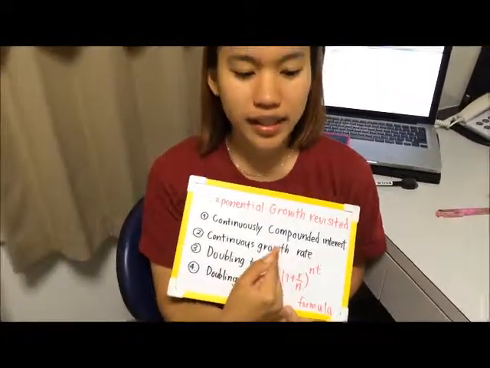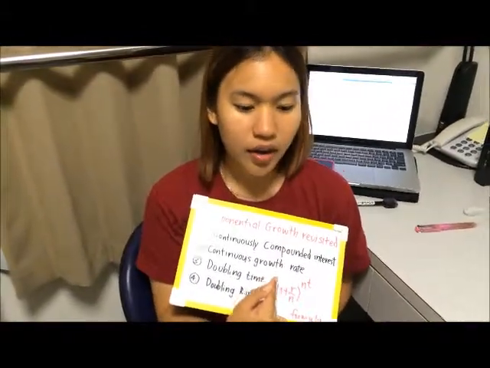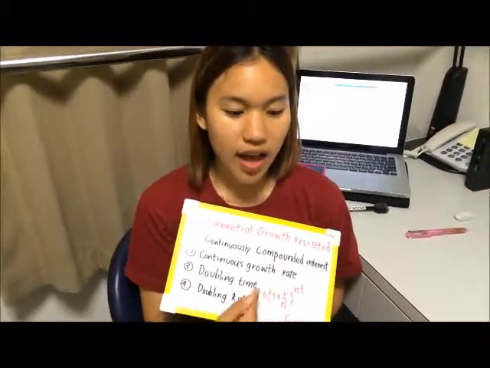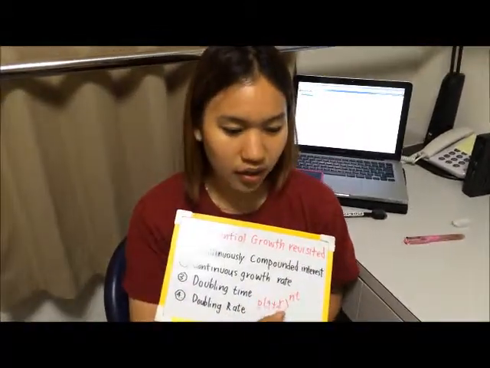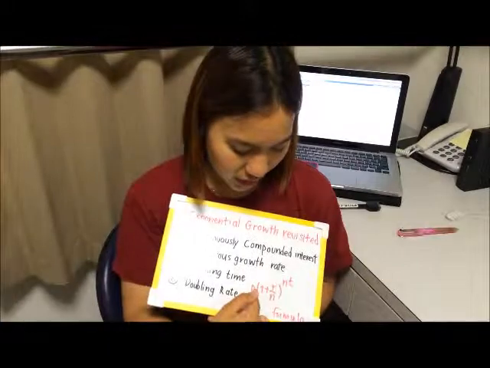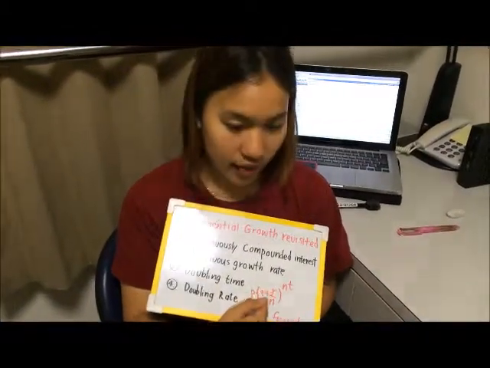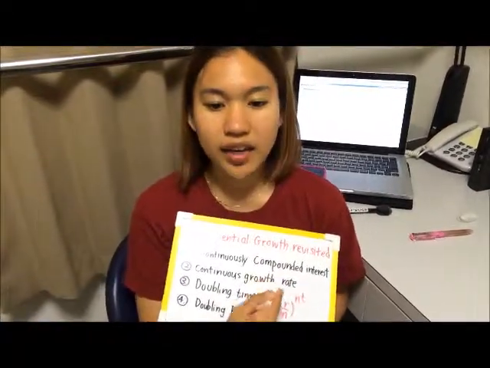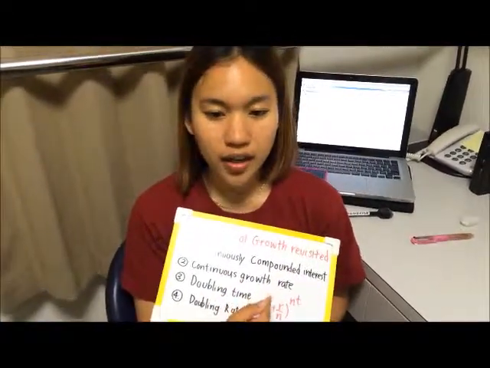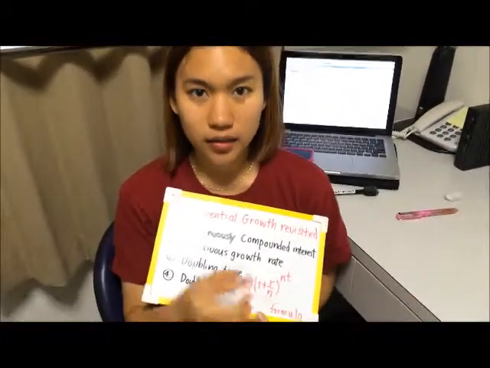If interest is compounded N times per year at annual rate R, then after T years, an initial amount P grows to P(1 + R/N)^(NT). This equation can go to another formula.